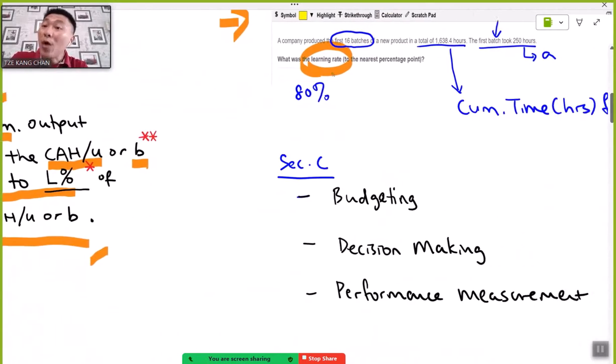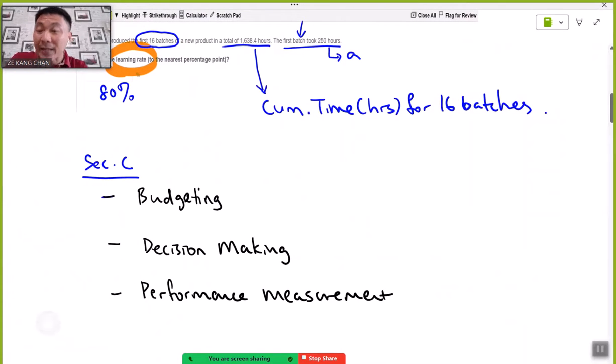Finally, there's one more kind of question that may expect students to demonstrate some discussion. How would the learning curve be considered in the context of compiling, preparing and formulating the budget, and making decisions such as pricing? How would the learning curve affect the cost of the product to set the pricing? Last but not least, how would the learning curve affect the measurement of performance compared to the target?